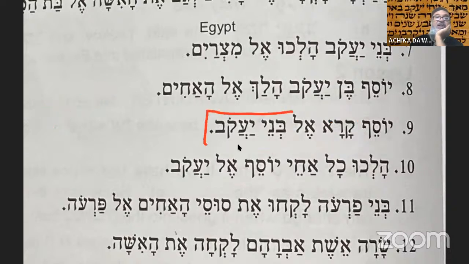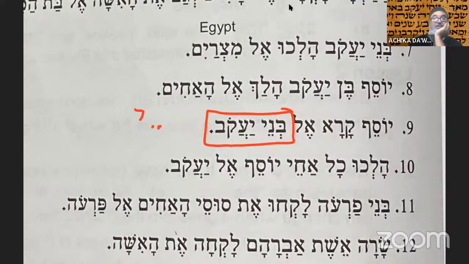So anytime you see the two dots and a yod under any noun, you know it's in a semi-coup form, so the next word next to it is a noun. So B'nai of Yaakov, it's not just sons of Israel, it's the sons of Yaakov. Okay. Yosef kara el B'nai Yaakov. Yosef, he called to the sons of Yaakov.